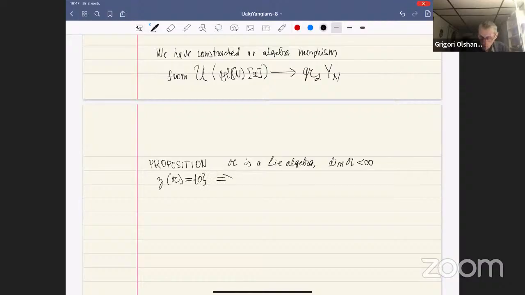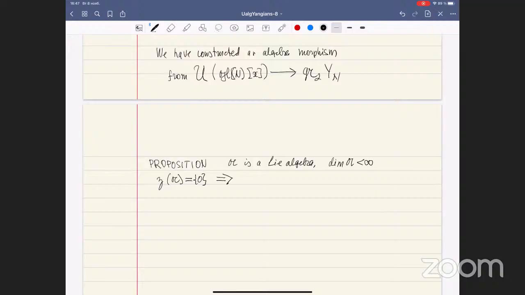Now the claim. Grigory Iosifovich, yes. I'm sorry. How is the last claim related to the Poincaré-Birkhoff-Witt theorem? So why exactly is the kernel of the map 0? It seems to me that Poincaré-Birkhoff-Witt is related more to the first filtration.